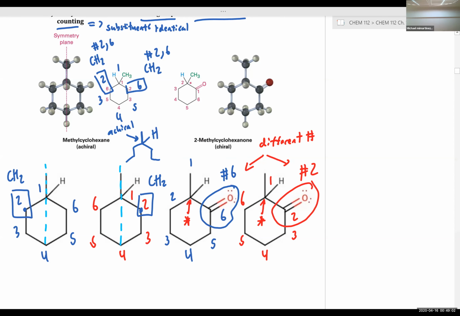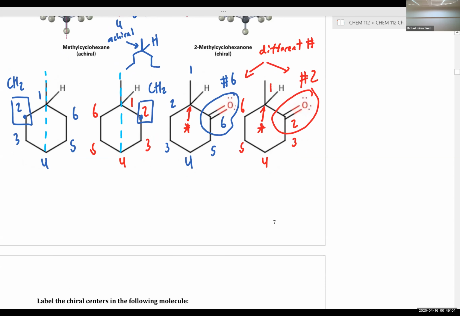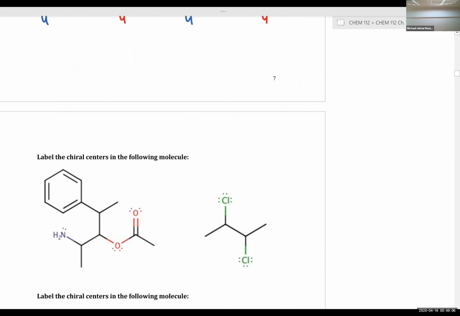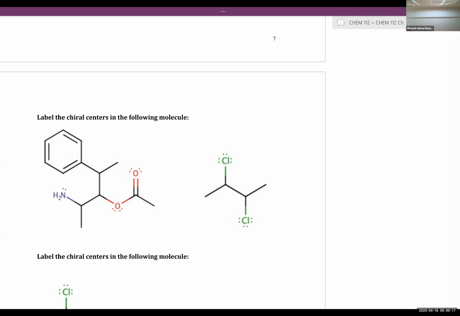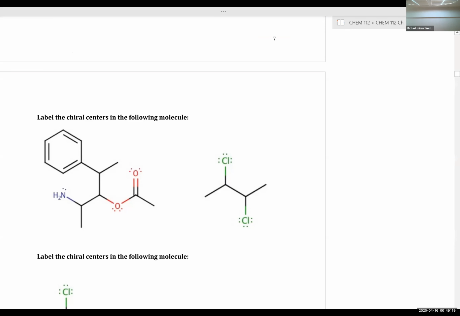Now I want you to take a moment and let's look at a few molecules and try to list the chiral centers in the following molecules. Some of these examples are ones that we're going to revisit once we have a little more information.